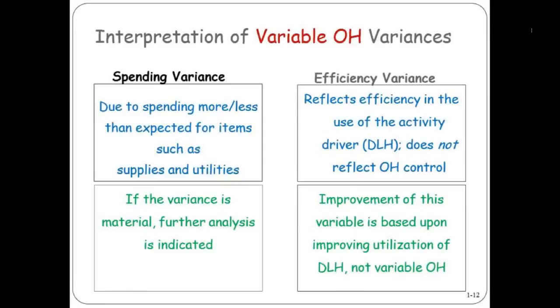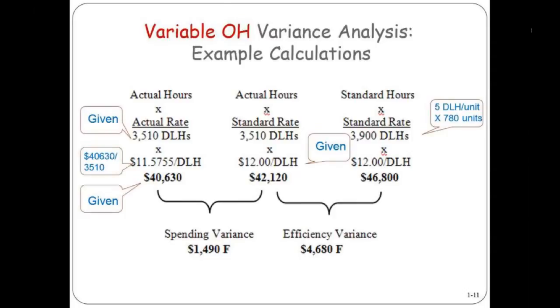How do we interpret this data now? The interpretation is different than it is for direct labor and direct machinery. The spending variance was favorable here, and it was based upon a favorable rate.